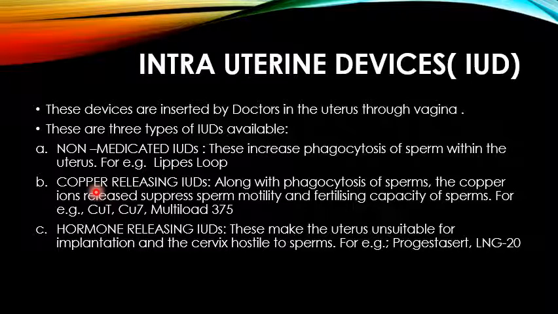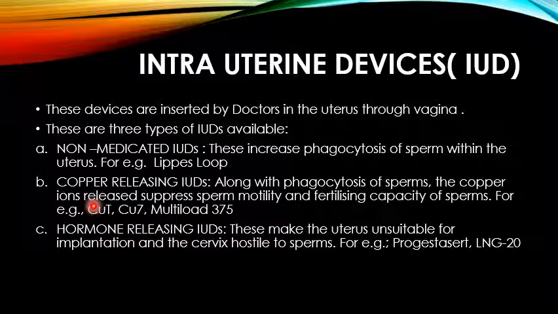Second is copper releasing intrauterine device. Along with the phagocytosis of the sperm, the copper ion release suppresses sperm motility and fertilizing capacity of the sperm. The speed of the sperm is going to be decreased.